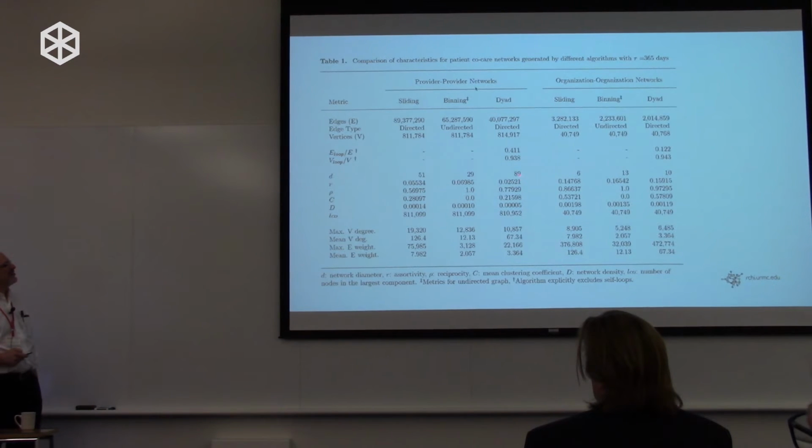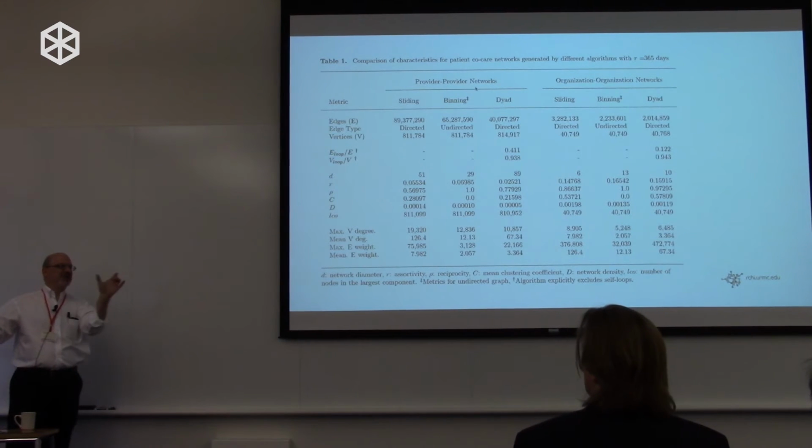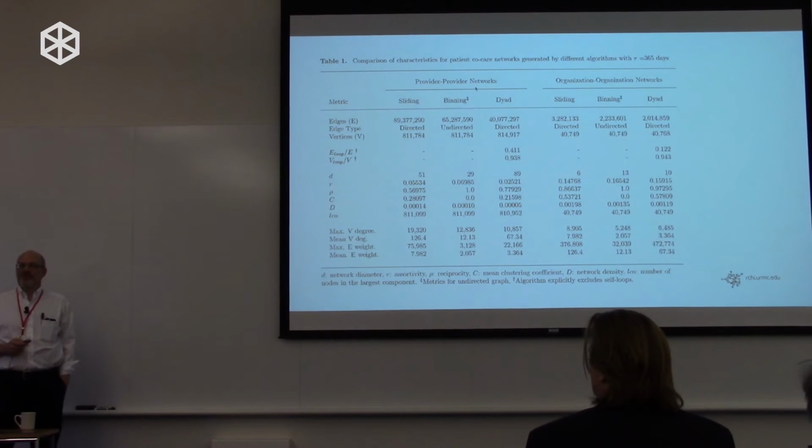This is network assortativity, and we looked at mean clustering coefficients. For the largest connected component, these are windows where we just took the entire data set. We didn't shift across the data set. So this is the largest set of graphs we could produce.